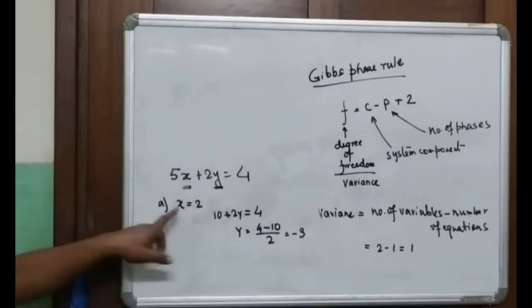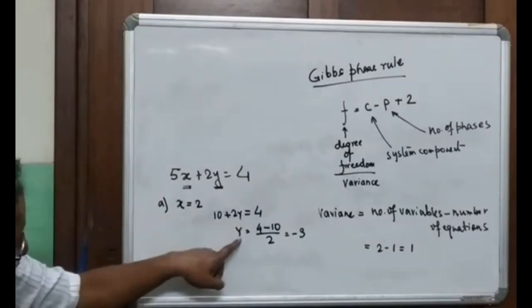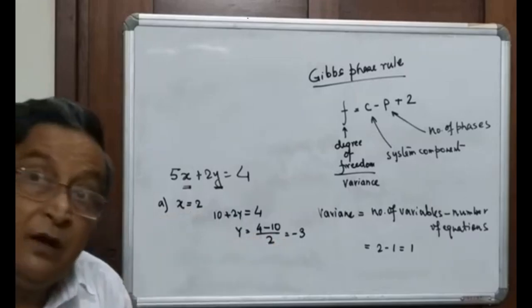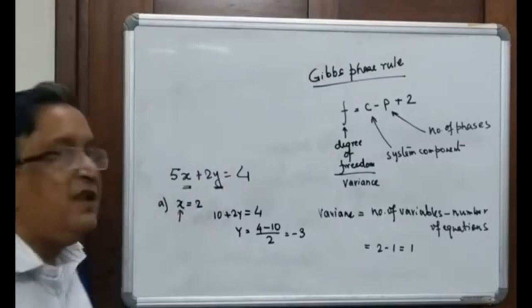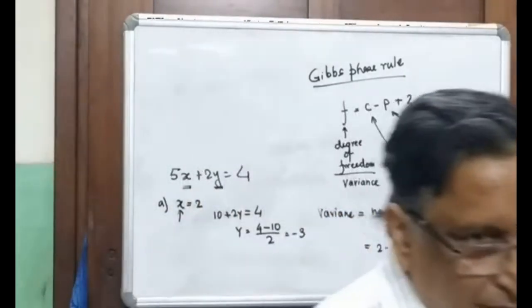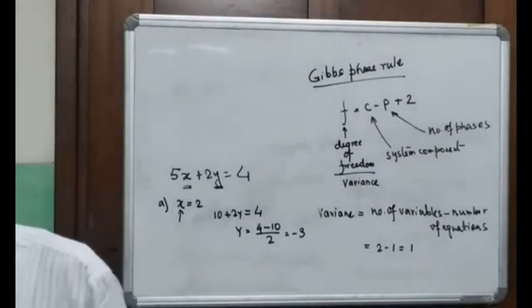If x is equal to 2, 10 plus 2y is equal to 4, that means y is equal to minus 3. What have you done? You have put in a value of x.